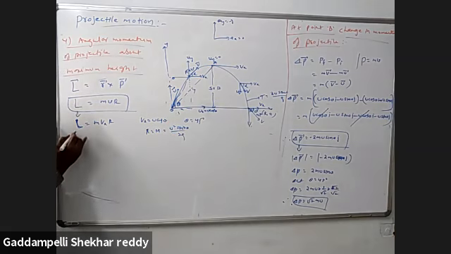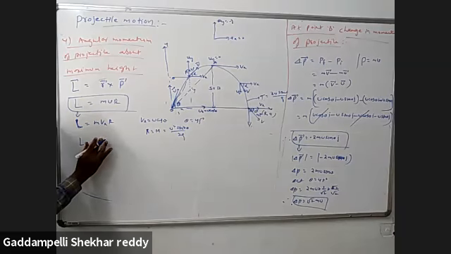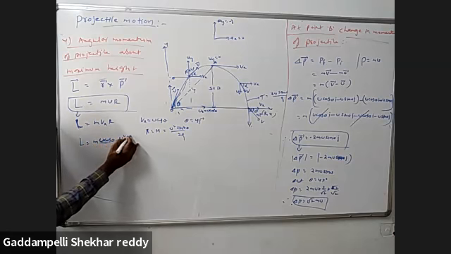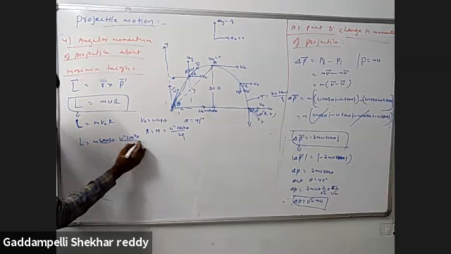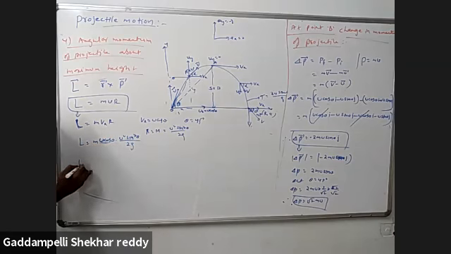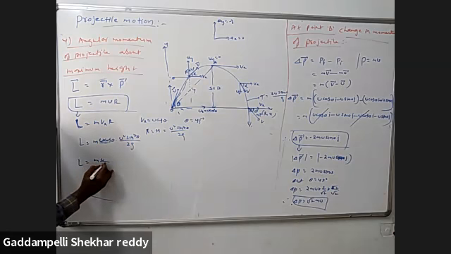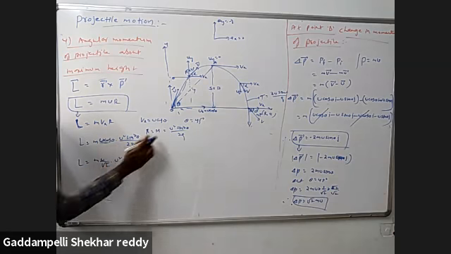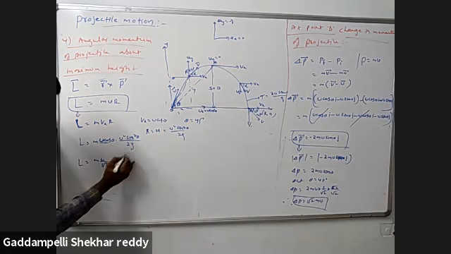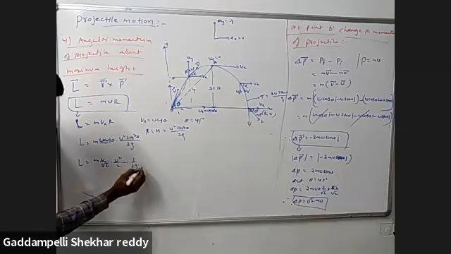Now substituting the angular momentum, L is equal to m into u cos theta into u square sin square theta by 2g. L is equal to m, u cos theta, where theta is 45 degrees, so 1 by root 2, and u square sin square theta, where sin theta is also 1 by root 2 whole square, that is 1 by 2, into 2g.